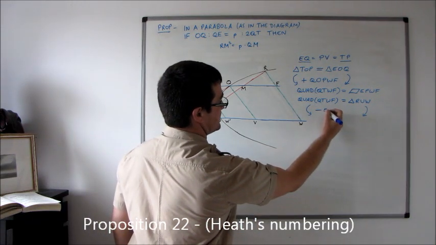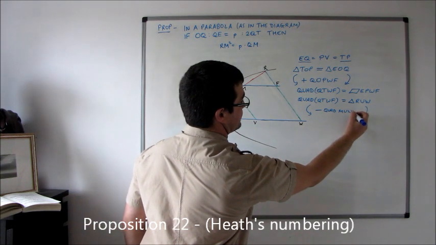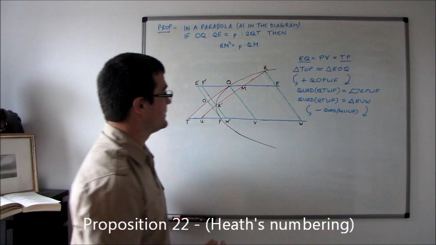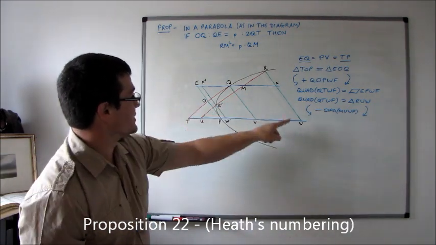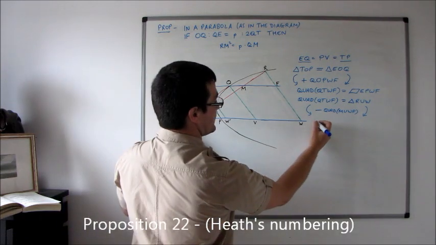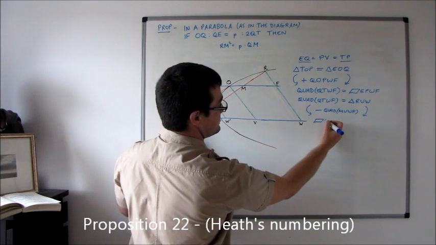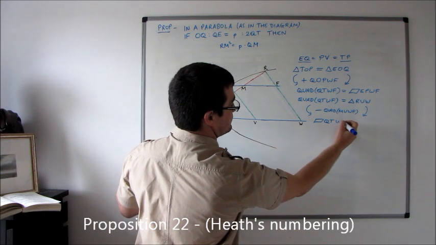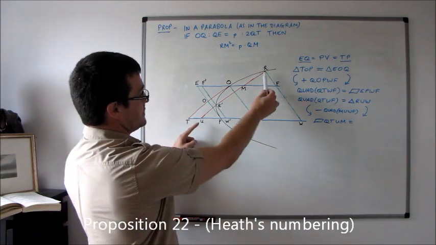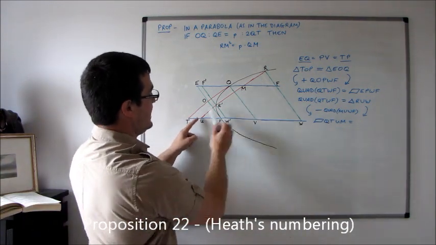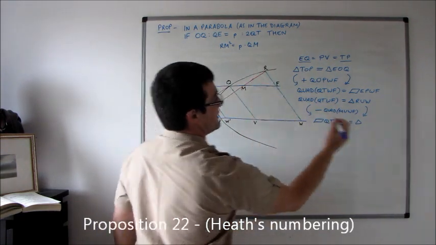So that's quadrilateral MUWF. So QTWF minus MUWF just leaves me with parallelogram QTUM, and that's going to be equal to RUW minus MUWF, which is triangle RMF.